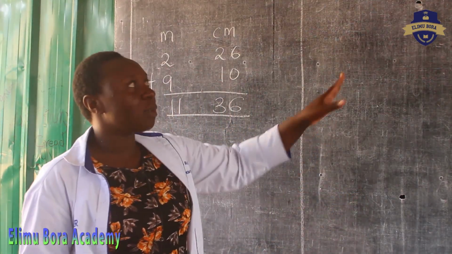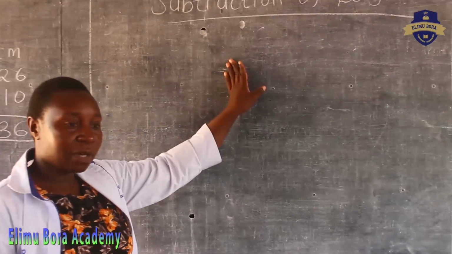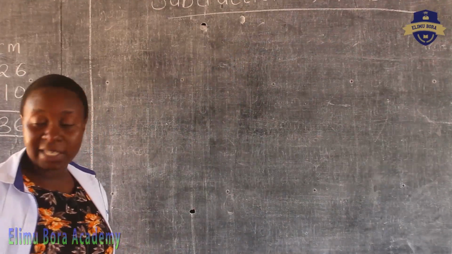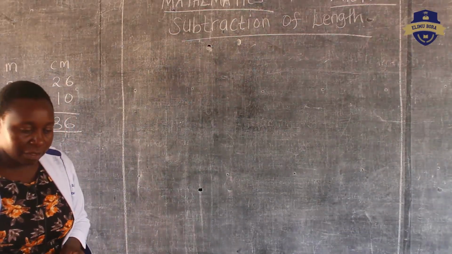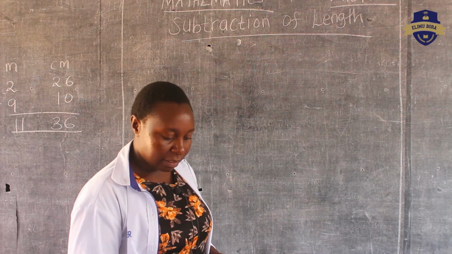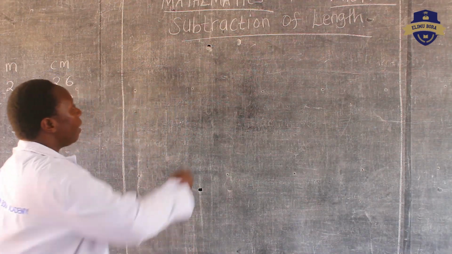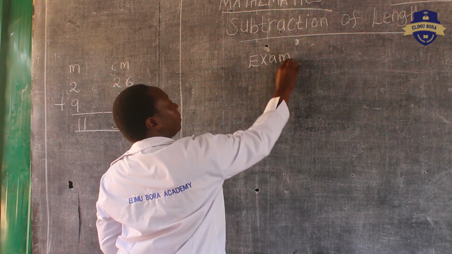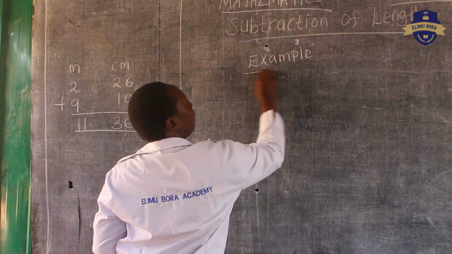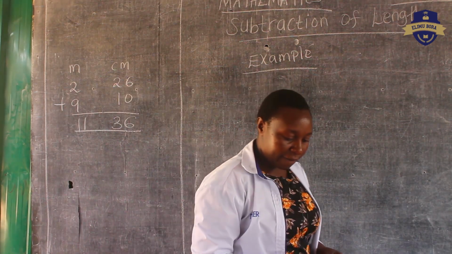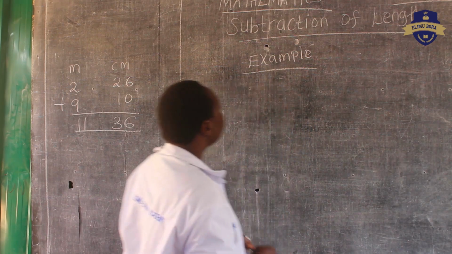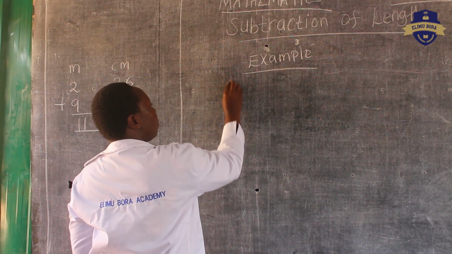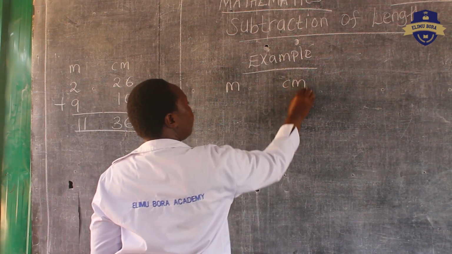So we come to today's work. That is the subtraction of length in meters and centimeters. So I'll start with the first example. So you are given a number like, maybe you write here meters and centimeters.